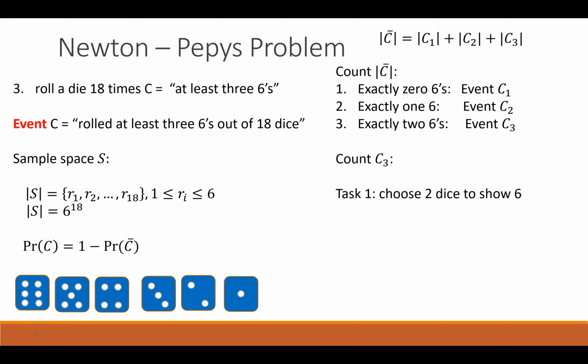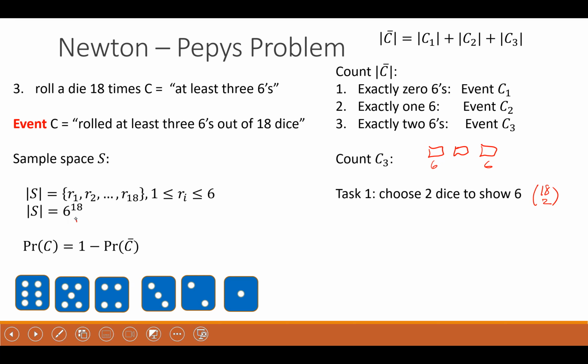So I need to choose, yeah, 18 choose 2, right? Because it doesn't matter which order, they're both going to get a 6. If I had a 6 here and a 6 here, it wouldn't matter if I chose 1 and 3 or 3 and 1. So because order doesn't matter, binomial coefficient, 18 choose 2.